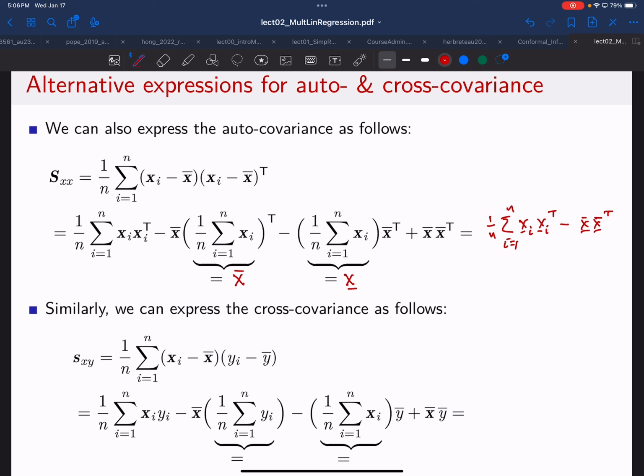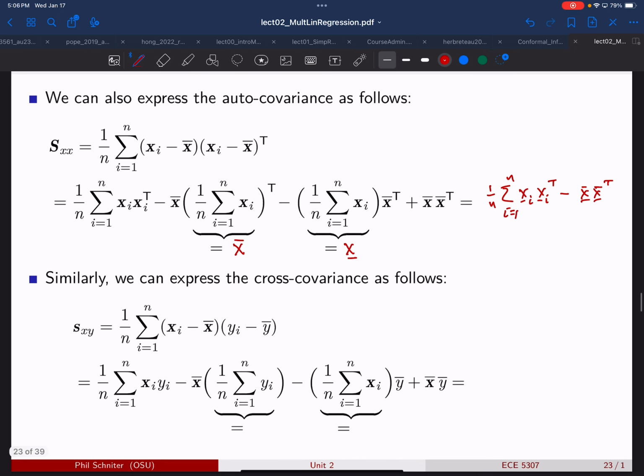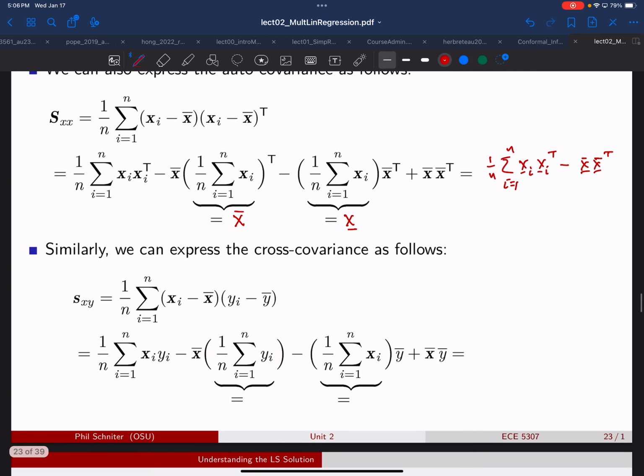Okay, you can do something similar with cross covariance. Again, you expand this out into the 4 terms. Now you see that one of these terms simplifies down to y bar. Another term, like above, simplifies down to x bar. And then the last 3 terms are all variations of the same thing.